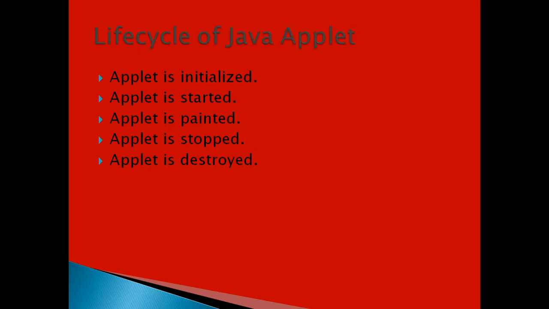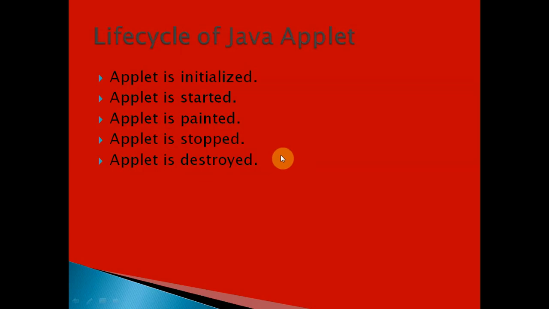Already in the previous video lecture we have seen the life cycle of an applet. Throughout its life, an applet is mainly in 4 states. Those are referred to as born or initialization state, running state, idle state and dead state.